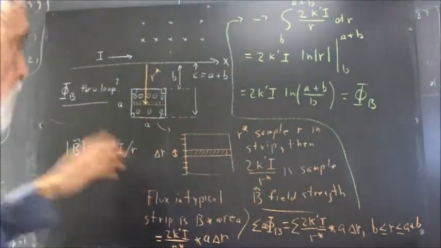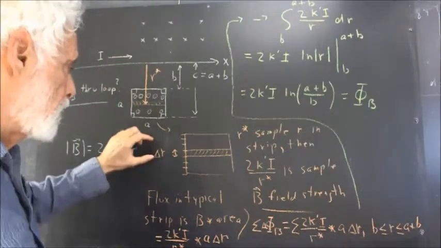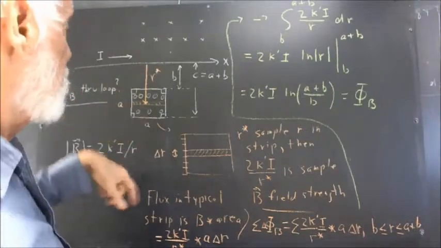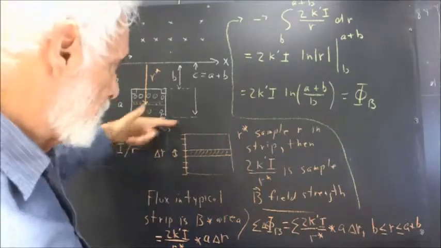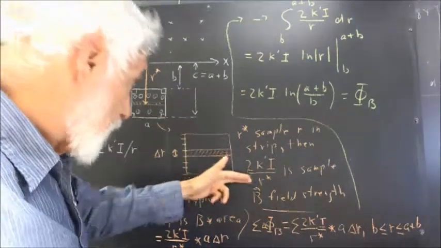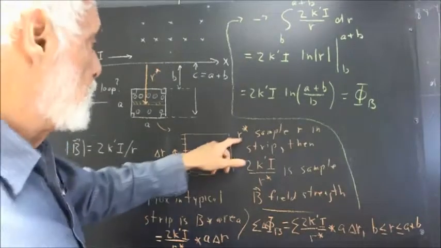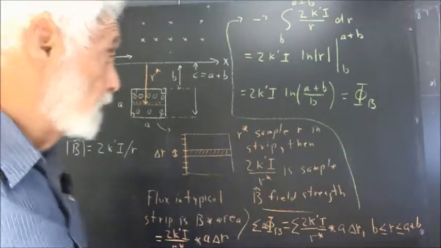So if a typical subinterval occurs at distance r star and has width delta r, then its area is going to be delta r times A, which is the width times the edge of the square. The sample point is r star, a typical sample point in the interval.